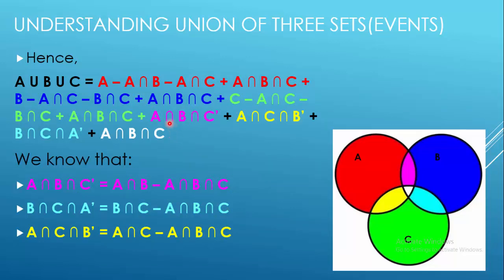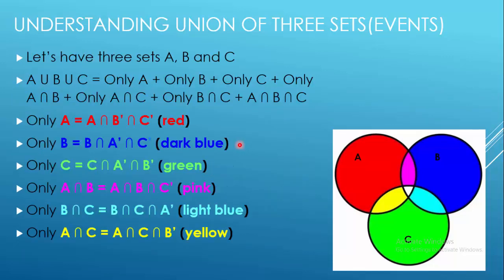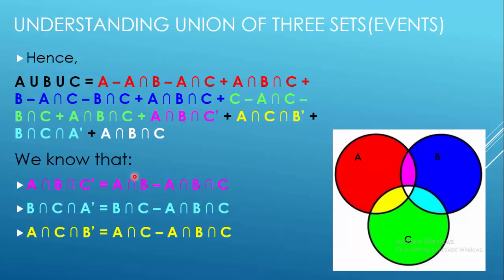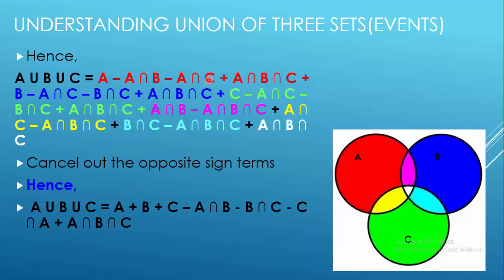After that, we replace these three terms, A intersection B intersection C complement, A intersection C intersection B complement and so on, with terms like this for all of them. Again, I have color coded them so you can see which one is being replaced with which one. After replacing these terms, we get this term.